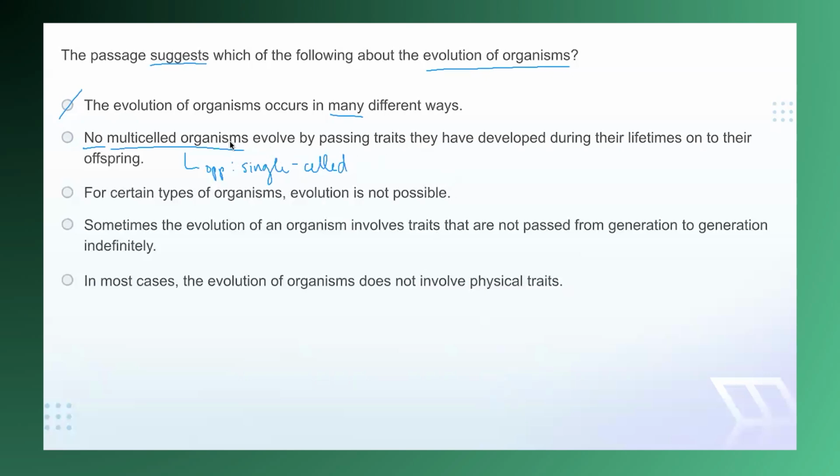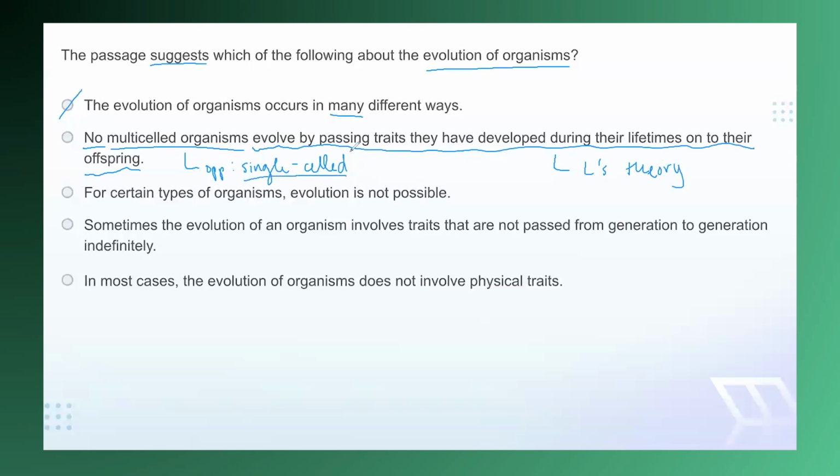So we want to evaluate whether any multi-celled organisms ever evolve by passing traits that they have developed during their lifetimes onto their offspring. Well, we know that language. That is Lamarck's theory. Okay, well, we know in paragraph 3 that the only refuge for his theory, the sole case in which organisms evolve by passing traits they've developed during their lifetimes onto their offspring, is these few single-celled organisms.